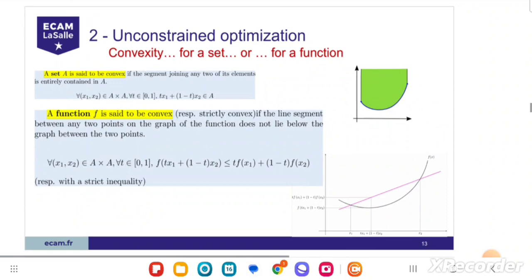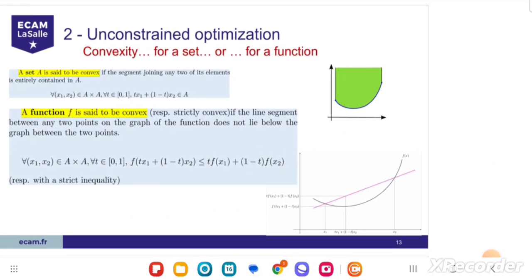So that's the next slide. Convex function: the idea is that if you look at the graph of your function, one intuitive idea in R, for functions from R to R, you look at the points above the graph of your function, and it creates a convex set. For instance, what would be not convex? Something like this, or something like that.